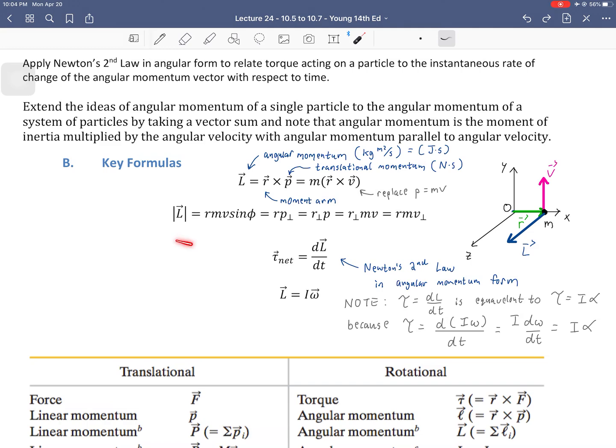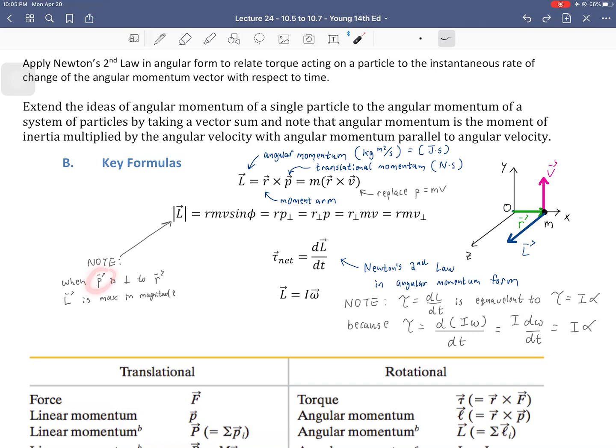If we look at this next line, all I'm showing is just the magnitude of the angular momentum. There are a number of ways to think about it. We can think of it as r m v times sine of phi, where phi is the angle between v and r.